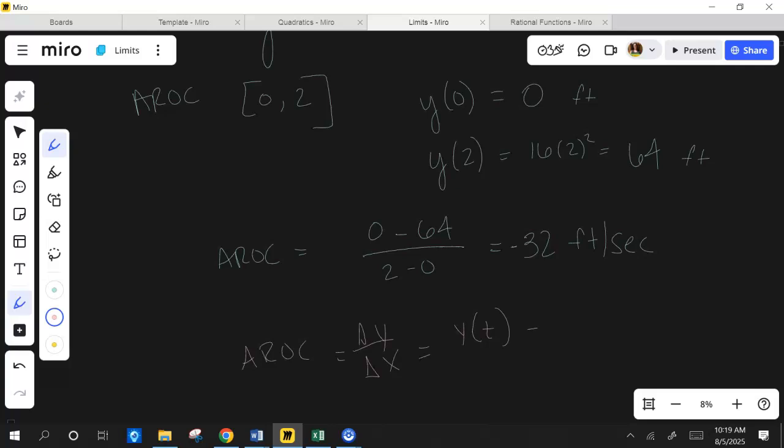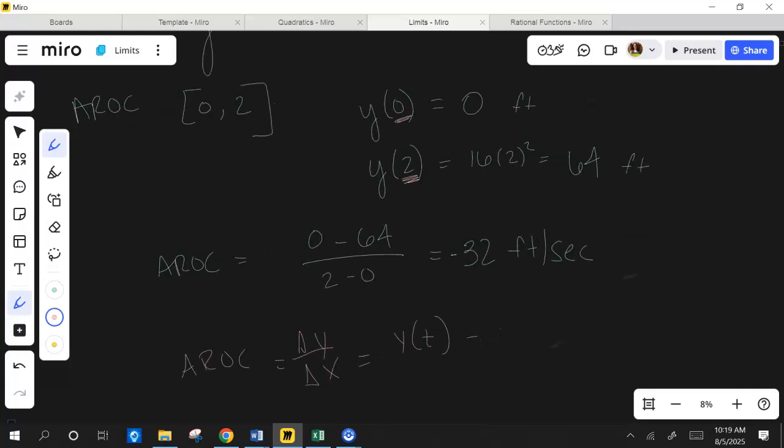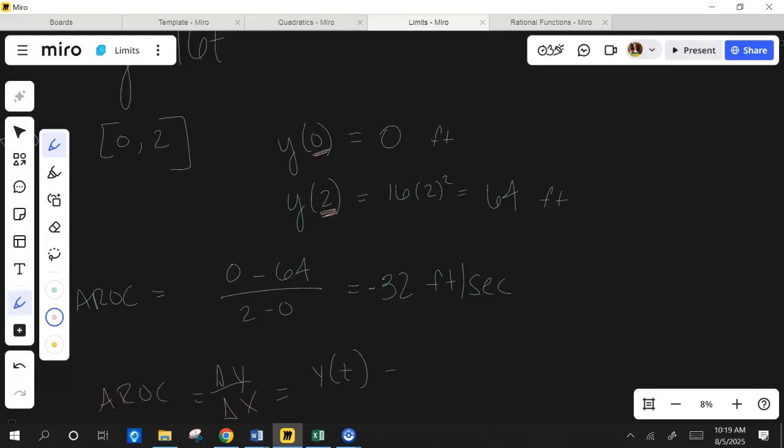Minus, and then I've got to get from here to here, right? Okay, let me see this well. Start over. If this is y of t, my change in x here, what?